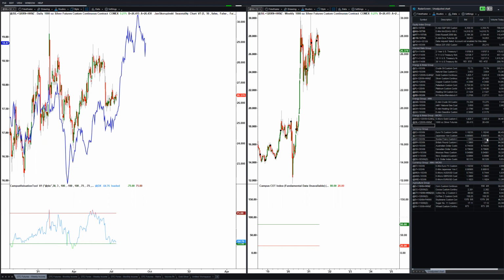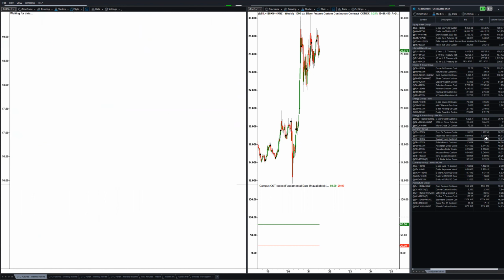Micro crude oil. Now let's see what we will see. I'm curious about MCL. MCL equals 103XN.